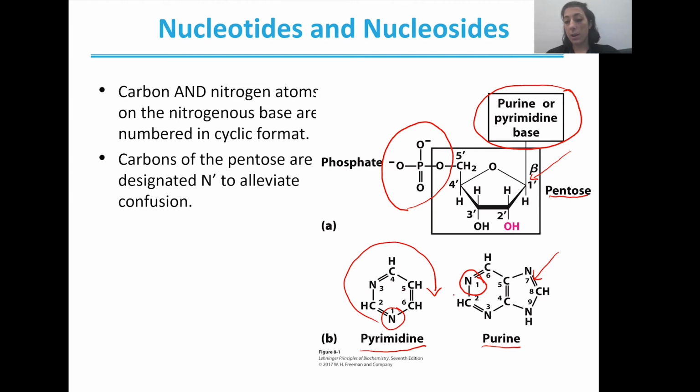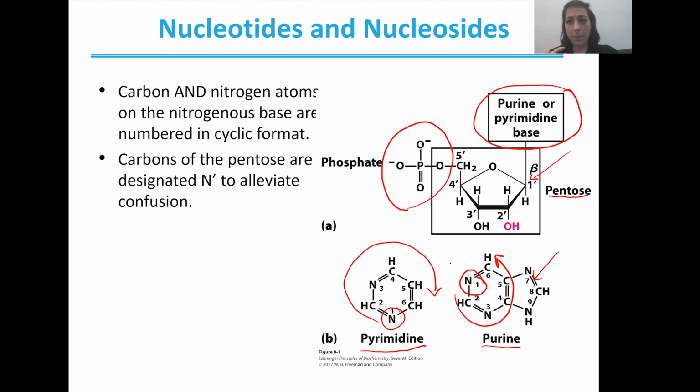And here we are actually going anti-clockwise, 1, 2, 3, 4, 5, 6, and the additional nitrogens and carbons 7, 8, 9 are numbered here. This is to talk about, if we wanted to talk about one of these areas having a group attached to it, we would say the third nitrogen or position 3 on the pyrimidine.